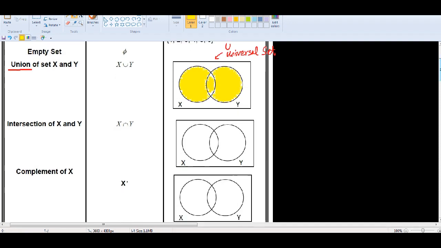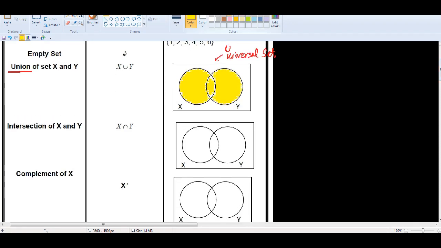The other method to join the two sets is called the intersection of two sets. You see the symbol looks different. It's upside down of the union symbol. So this is the symbol. For the intersection of two sets, which area are we going to use to represent it?